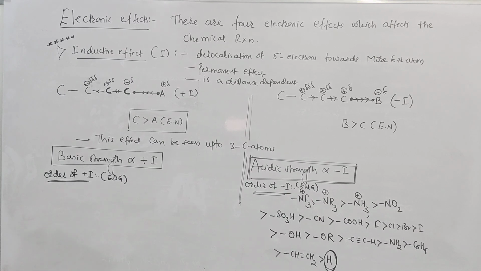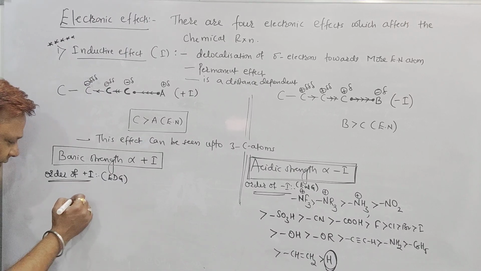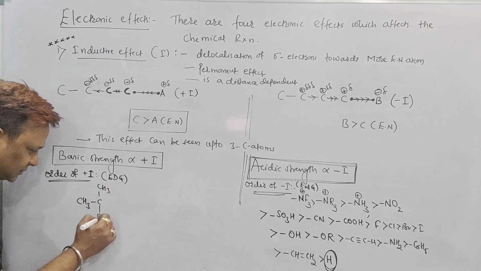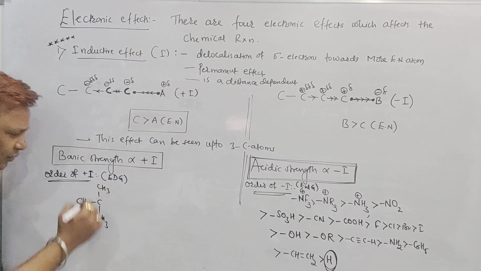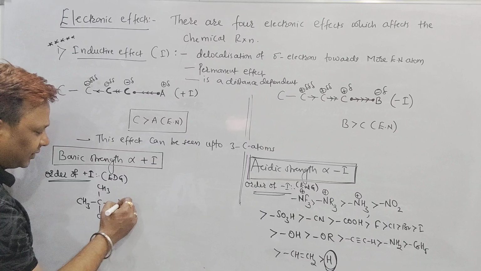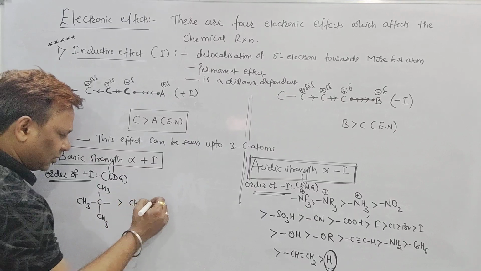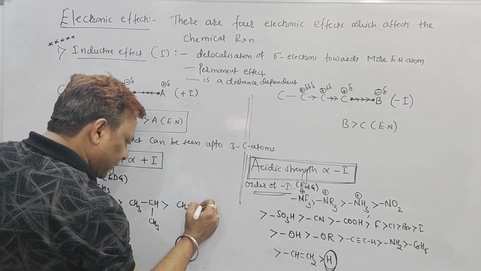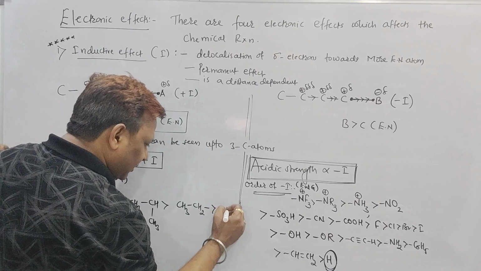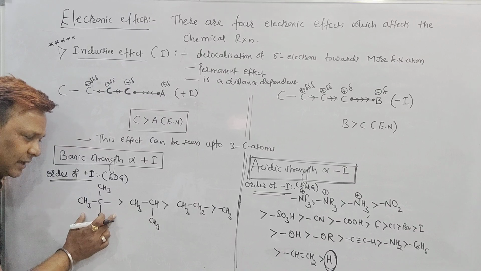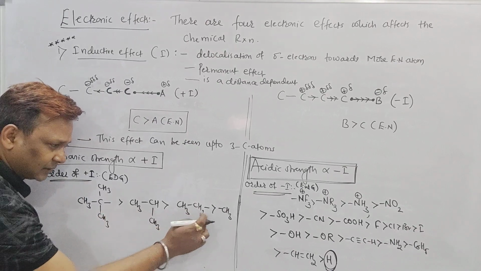In electron donating, we can go with only the alkyl group, the base alkyl group which we remember. CH3 bonded with C, bonded with CH3 and CH3, having a positive charge. This is an alkyl group, or we can say the tertiary butyl group, which will have more plus I than secondary, than primary, than the methyl group. See, this tertiary butyl will have more plus I than secondary, than primary.